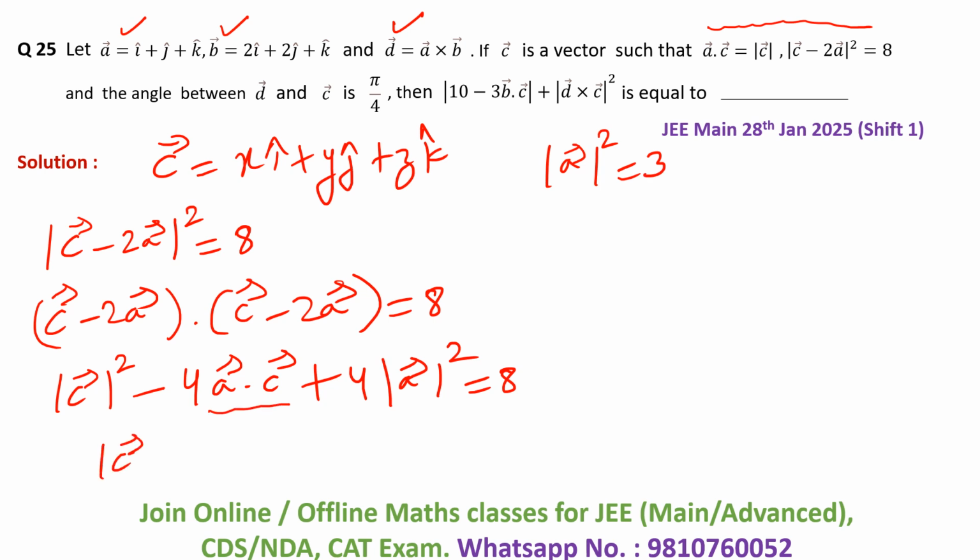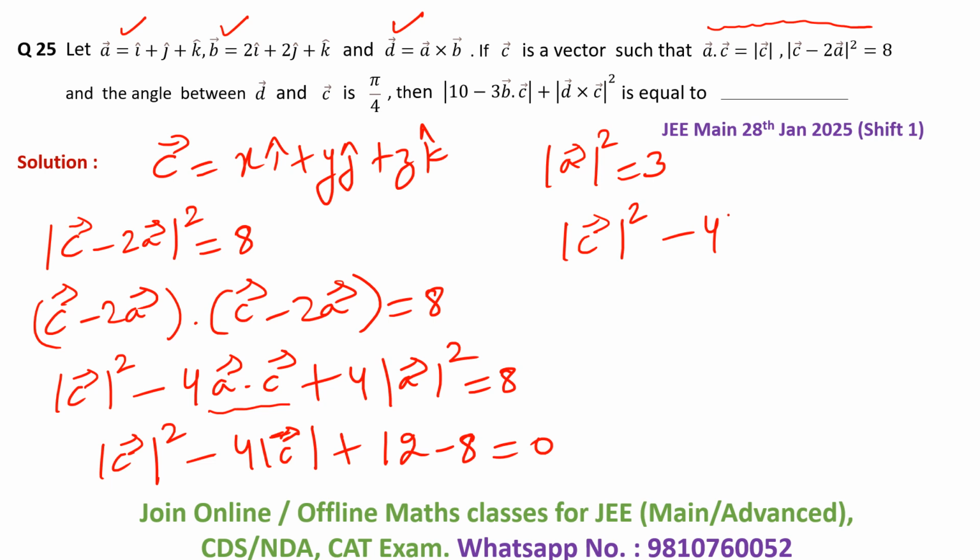So this equation becomes square of mod c minus 4 mod c plus 4 into 3. This becomes 12, and 12 minus 8 equal to 4, right? So the equation becomes mod c square minus 4 mod c plus 4 equal to 0. Now students, this can further be written as mod c minus 2 whole square equal to 0.